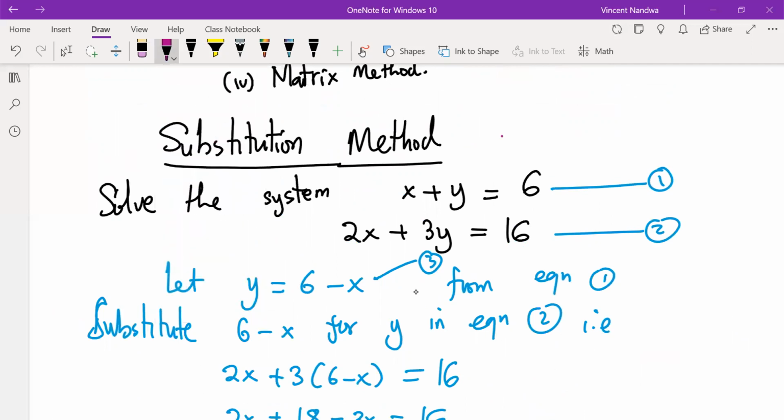So for equation 1, when you put x as 2, y as 4, clearly you get 6. And for equation 2, 2 by 2 is 4, 3 by 4 is 12, and 12 plus 4 is 16. So 16 equals 16. Therefore, the correct answers are x equals 2 and y equals 4.